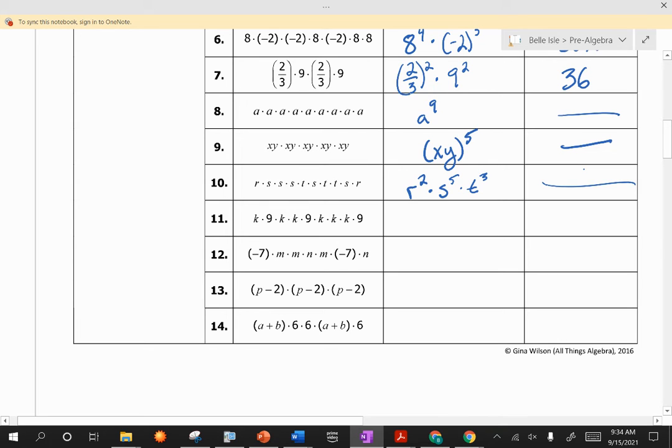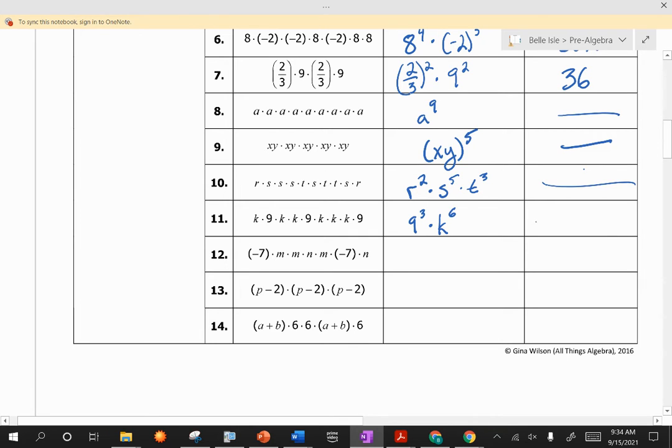Okay, so this one now we're going to start mixing our integers with our variables. So how many 9s do we have? 3 times, we're using K. How many K's do we have? 6. Now, are you going to have something in the value section? Yeah, you can this time. Even though we don't necessarily know the value of K, we can figure out the value of 9 to the third.